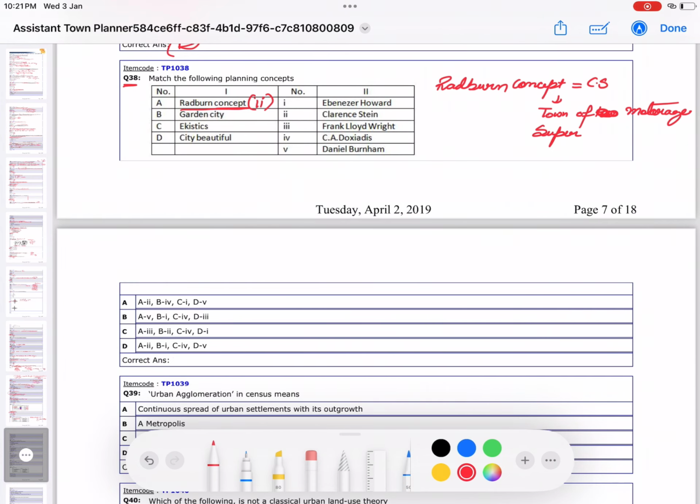Superblock is also related to Radburn. Garden City is given by Ebenezer Howard.